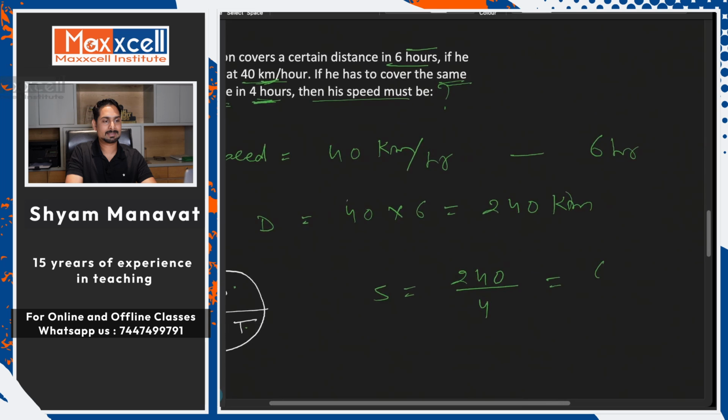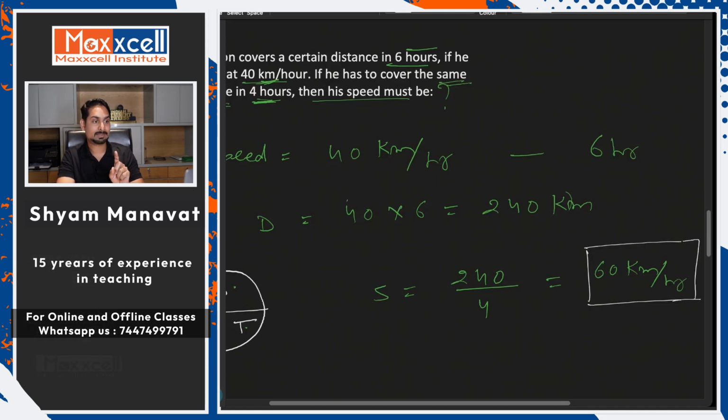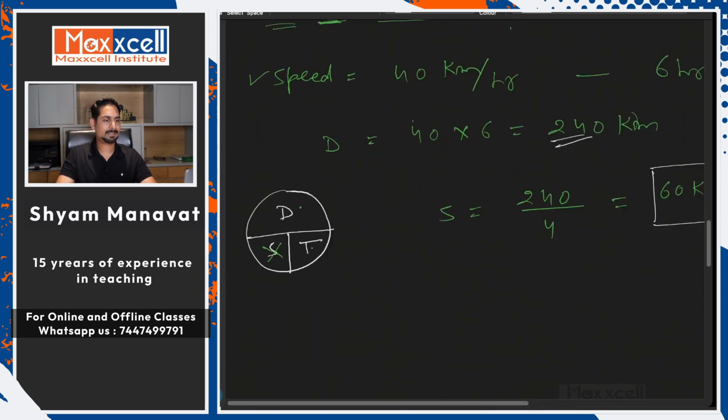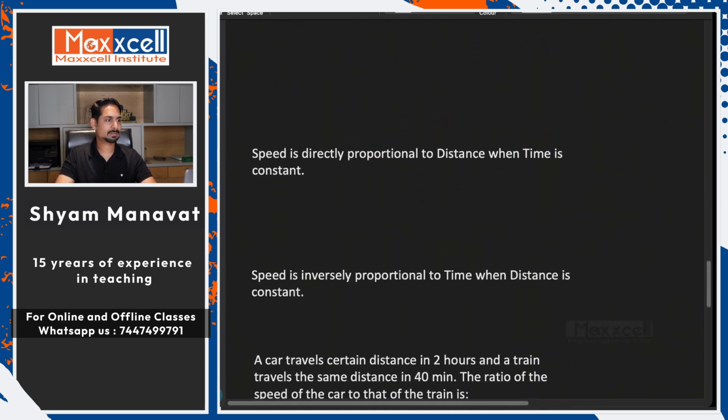You will get 60 km/h. That's the new speed. If the person wants to cover the same distance, 240 kilometers, in 4 hours, then that should be the speed. Great, easy questions.